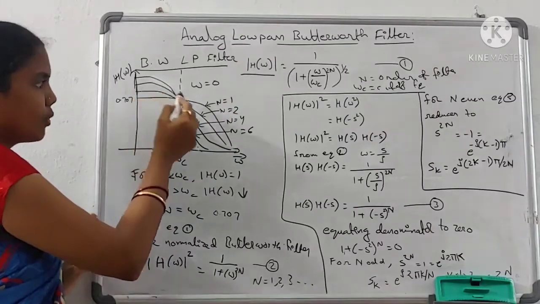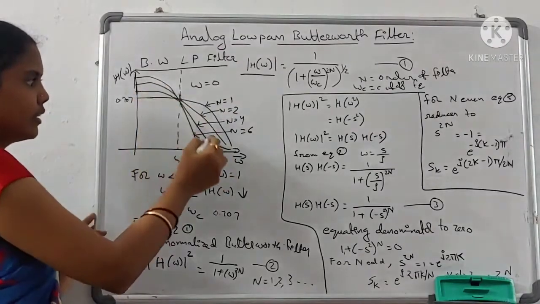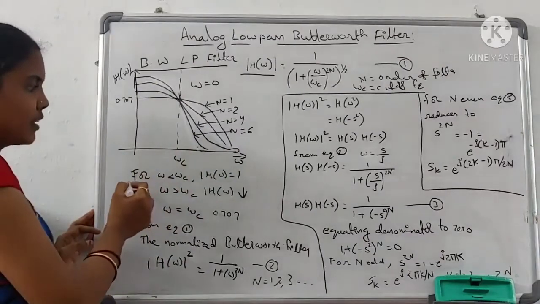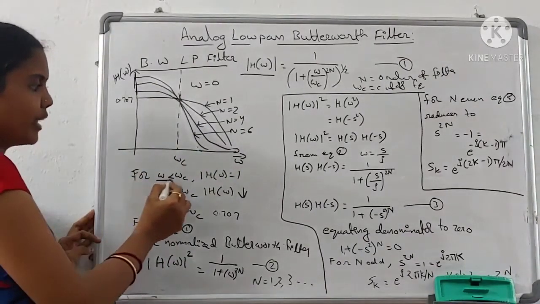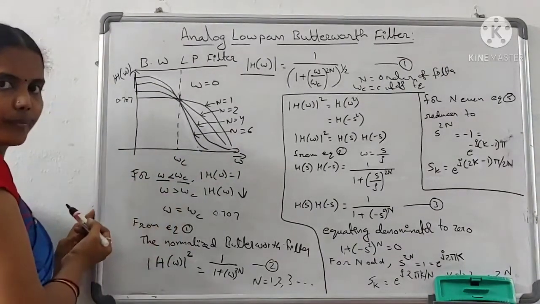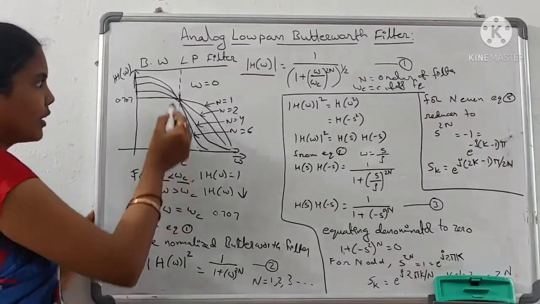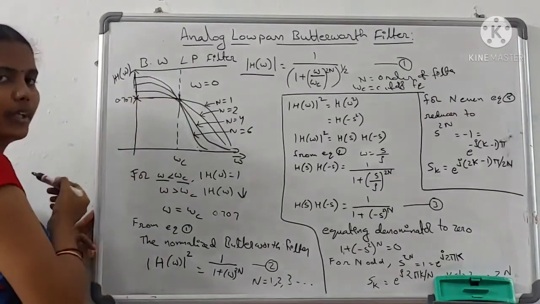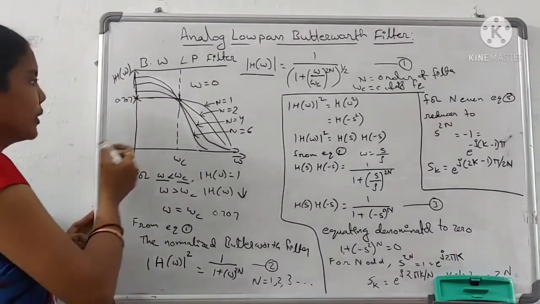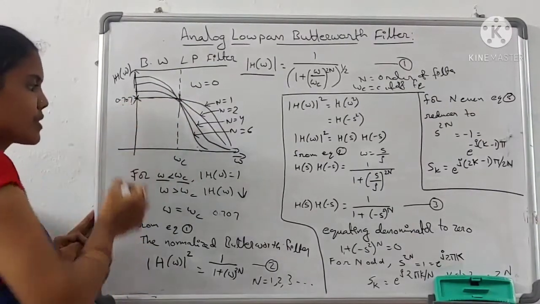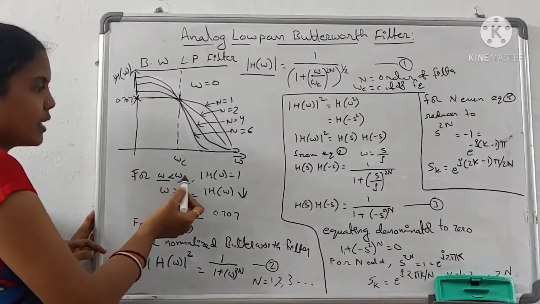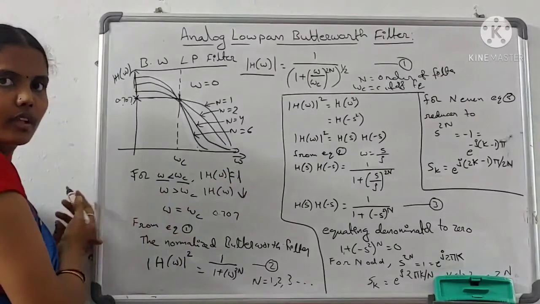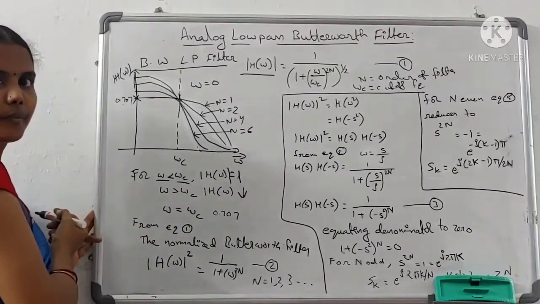Consider the condition omega less than omega c. Omega c is the cutoff frequency, where the response is 1 by root 2. The value of 1 by root 2 is 0.707. For omega less than omega c, |H(omega)| is unity, that is 1.